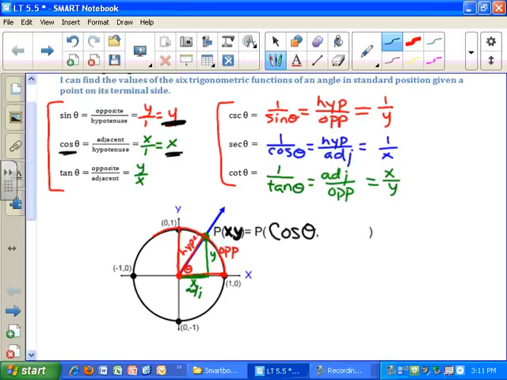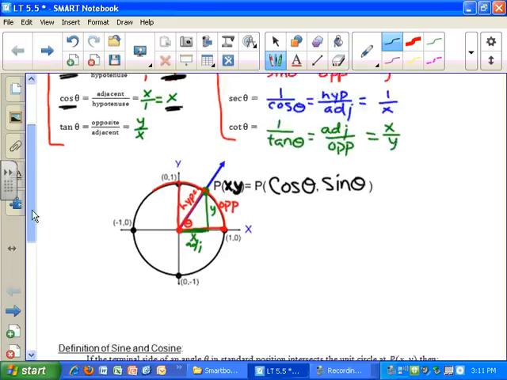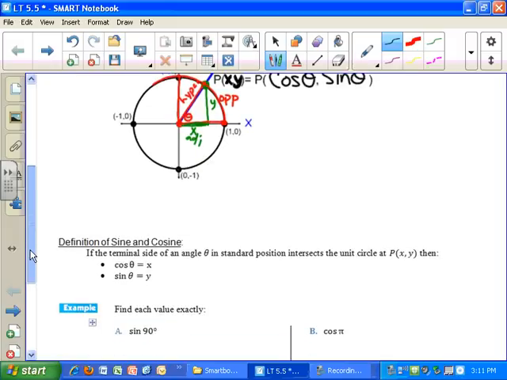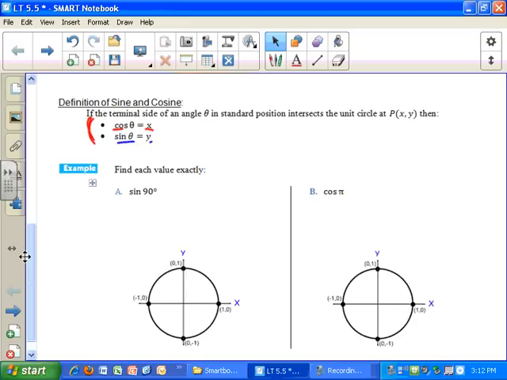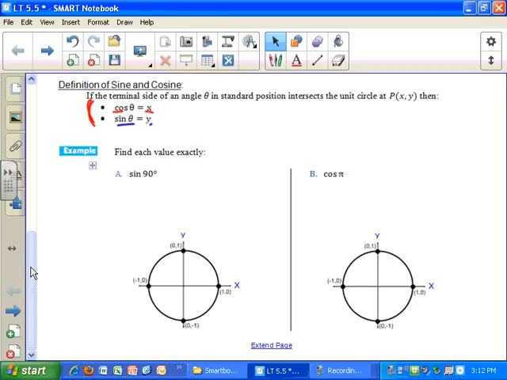Y happens to be the same thing as sine of theta, so we could plug those coordinates in as well. And that is where this definition comes from of sine and cosine, that cosine is associated with x and sine is associated with y. So just remember those two go together, that cosine is x and sine is associated with the y value. That being said, we can find some of these trig values without using the calculator.